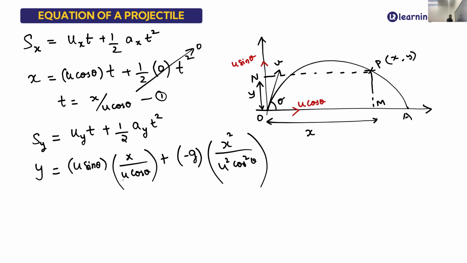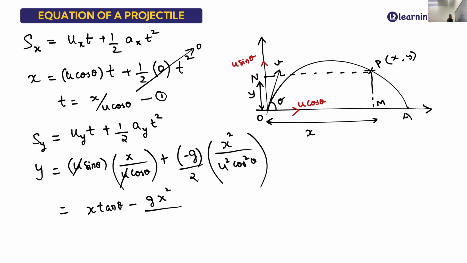Right? Here what is going to get cancelled? u and u are gone. x multiplied with sin theta by cos theta is going to give us x times tan theta minus, plus into minus is minus, g into x square divided by, there is a 2 here, right? So this 2 is there.